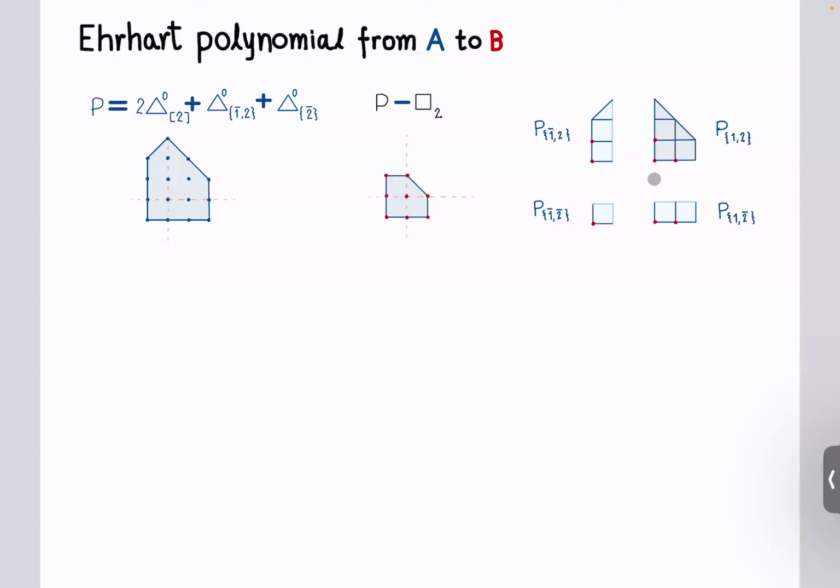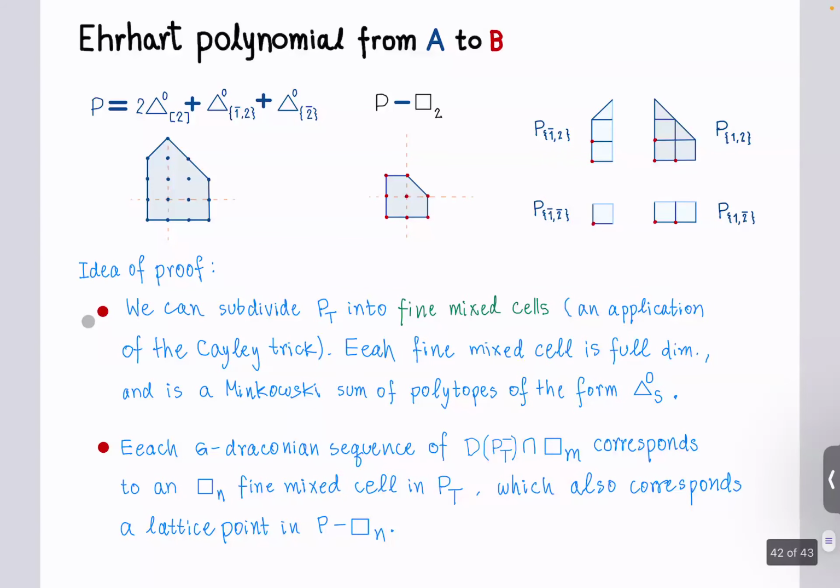And here is how it works. So you break it up into PT, which has 4 pieces like this, because you have 4 quadrants. And the idea of the proof is that first we subdivide each PT into mixed cells.